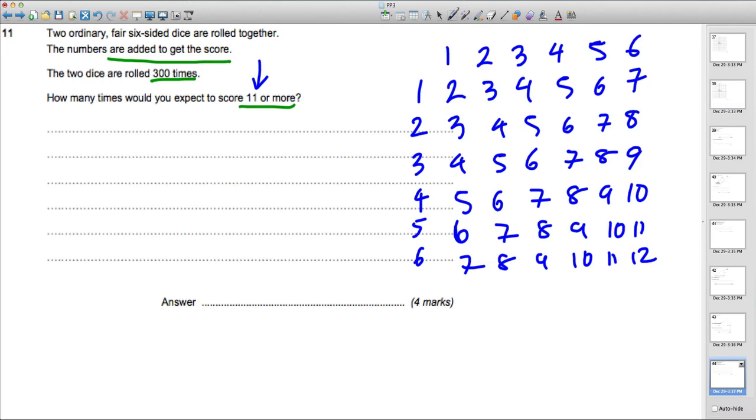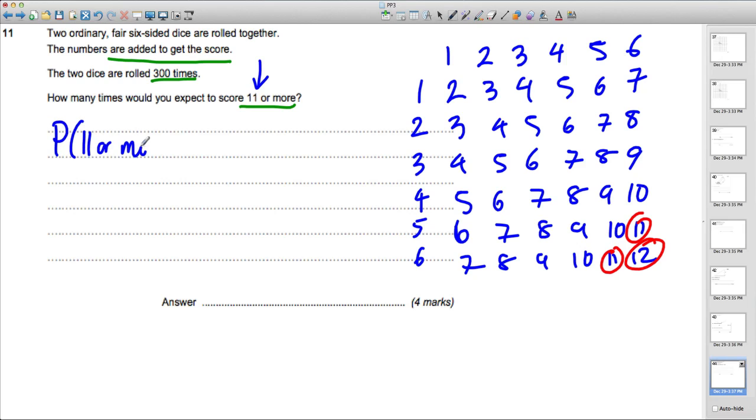So what's the probability you score 11 or more? Well, that, and that. That's the chance of getting 11 or more. So the probability of 11 or more is equal to 3 out of 36, which is 1/12.